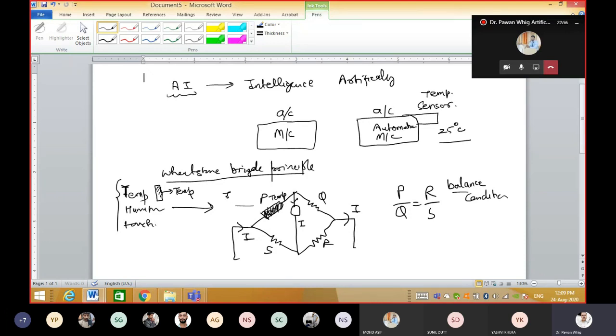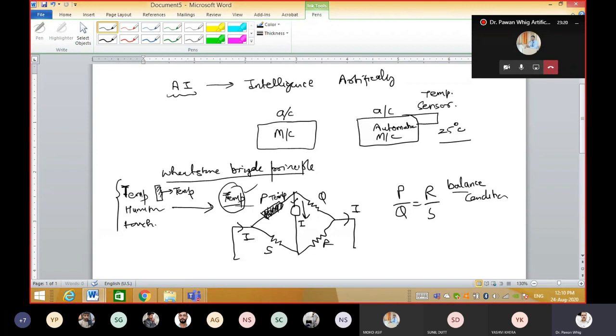Once the outside temperature changes, this Wheatstone bridge gets unbalanced and we have a current through the middle arm. Under the balance condition, there is no current, and under the unbalanced condition, the current flowing through this arm depends upon the change in temperature.